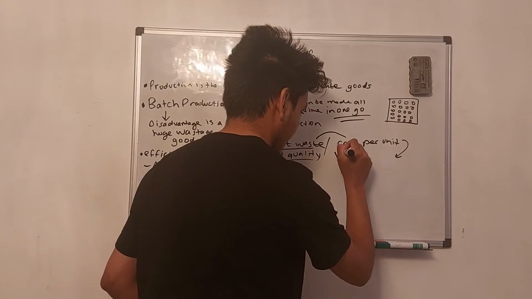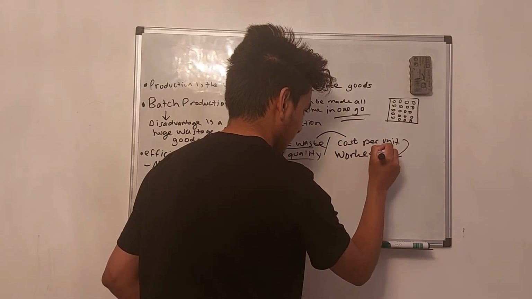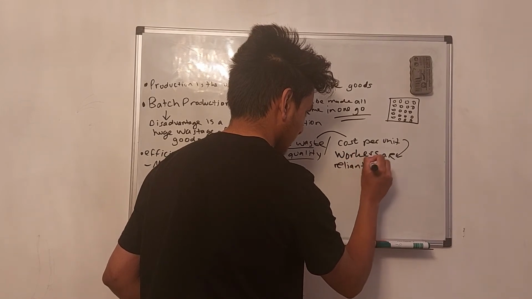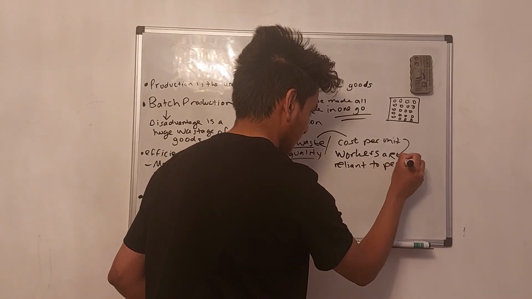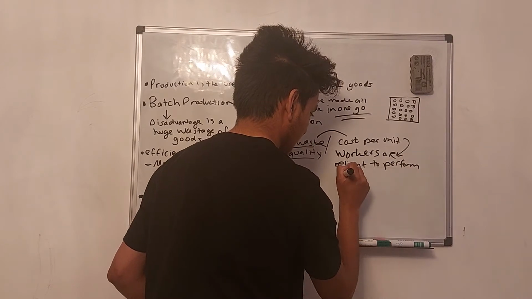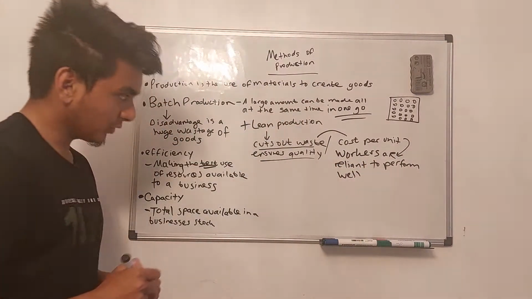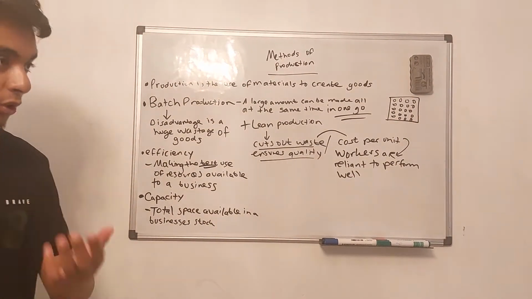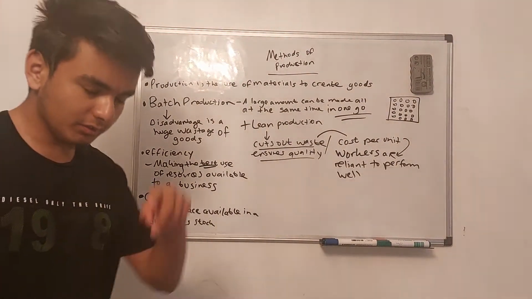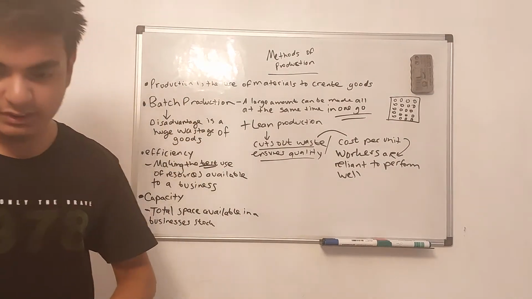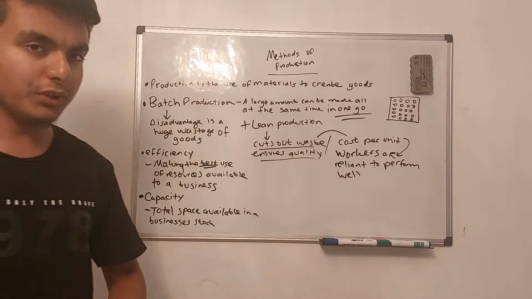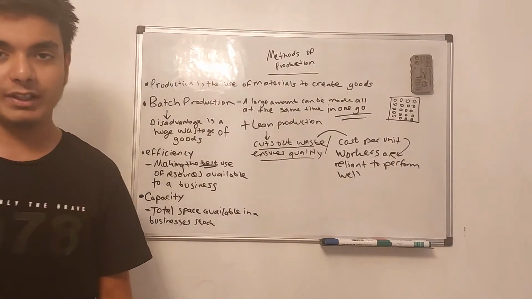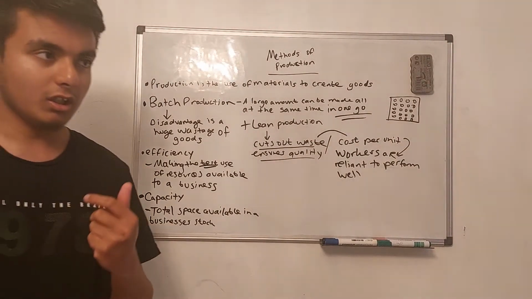Workers are reliant on technology to perform well. What workers want to do is, because there's less wastage involved, workers feel more confident to perform better. So that leads to a business theorist called Maslow, and what he believes is that workers are motivated not through pay or profit, but through the 5 levels of needs and wants.